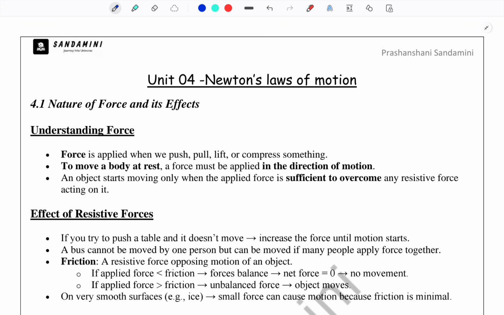Today I am going to discuss with you all Unit 4 of Grade 10, which is Newton's Laws of Motion. As the name suggests, it is related to Newton's laws. There are 3 Newton's laws, so before we move to the discussion about them, first we have to clarify the nature of forces and how they affect objects.